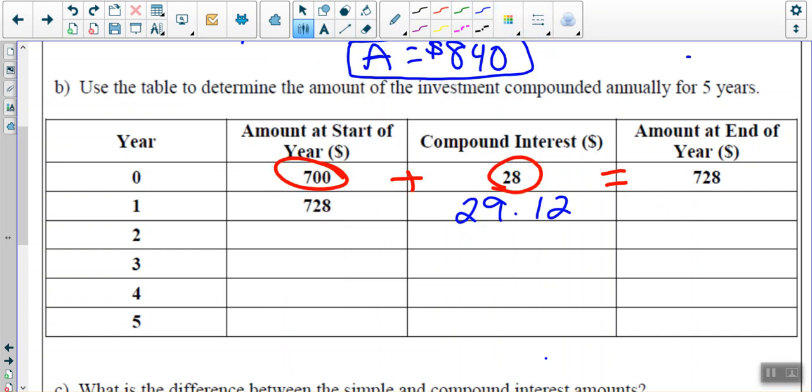And 728 plus 29.12 gives us $757.12. For the next year, 4% interest, and we can continue this pattern for the 5 years that his money is going to be invested.